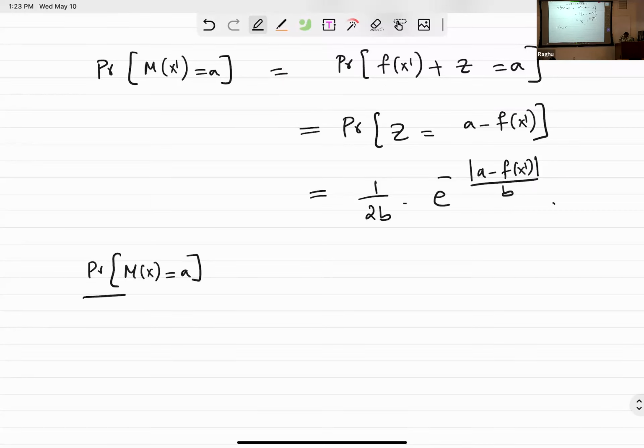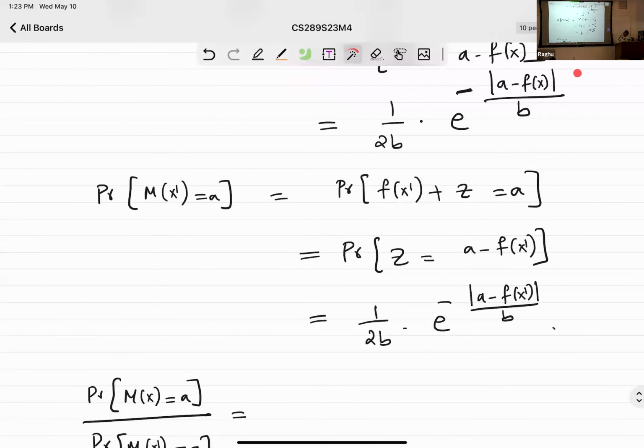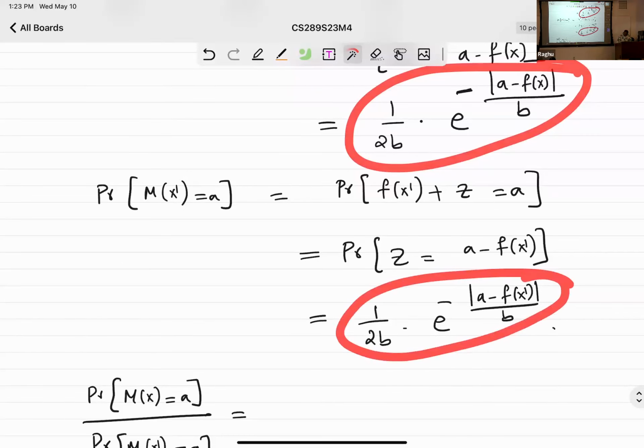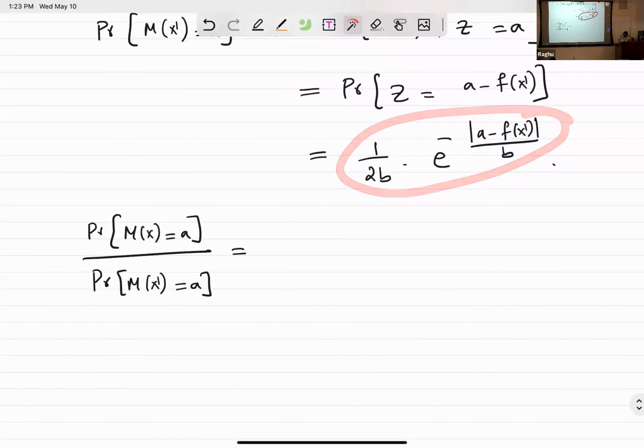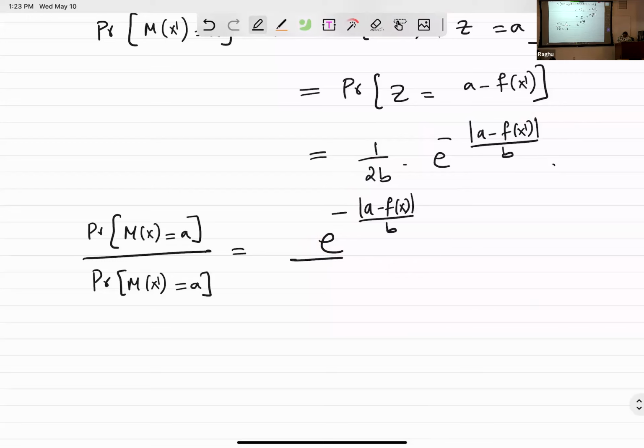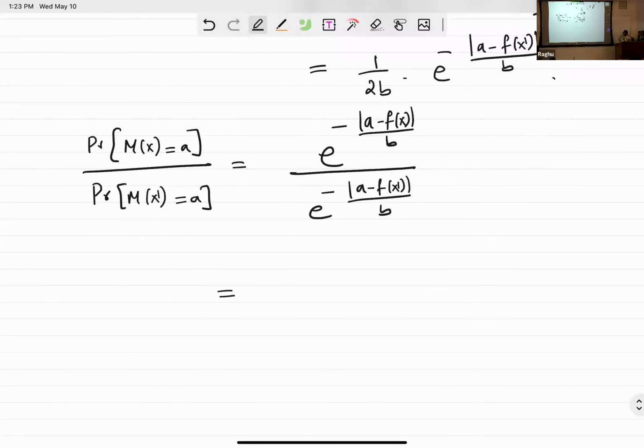The chance that I see a particular outcome a under the first case versus the chance that I see the outcome a in the case of x prime. I just have to take these two ratios. So the 1/2b goes out. I get e to the minus (a minus f of x) by b divided by e to the minus (a minus f of x prime) by b.